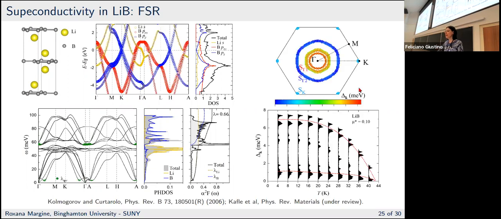And when we now apply the anisotropic Migdal-Eliashberg formalism, we found that this is basically a two-gap superconductor, and the critical temperature should be larger than initially predicted, about 3 times larger. This is with a mu star, for instance, of 0.1, and it goes down to about 32 Kelvin with mu star 0.2.